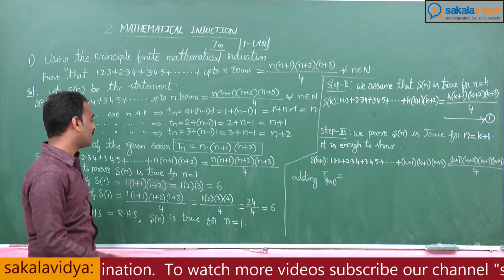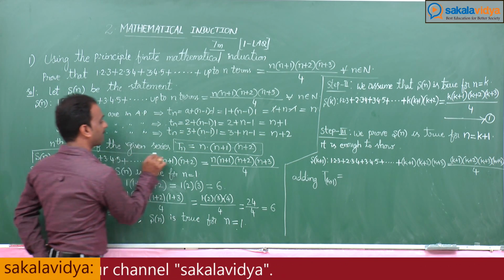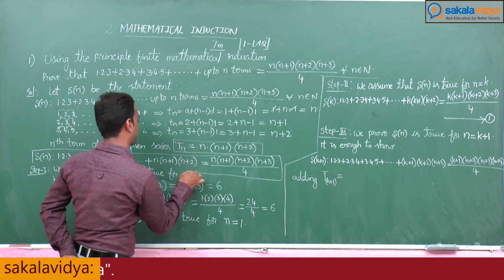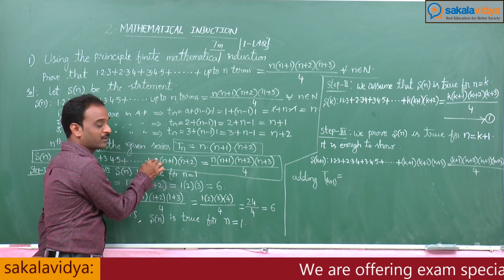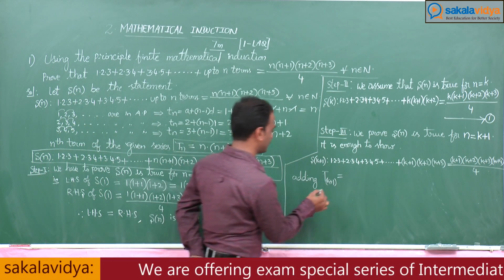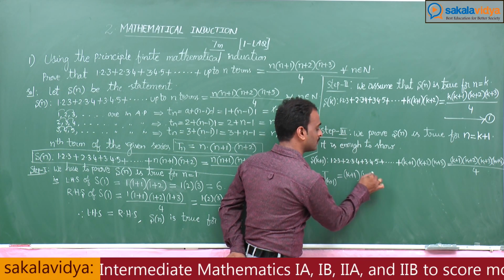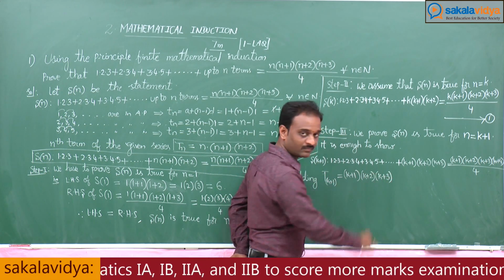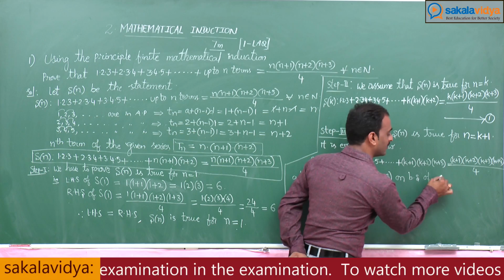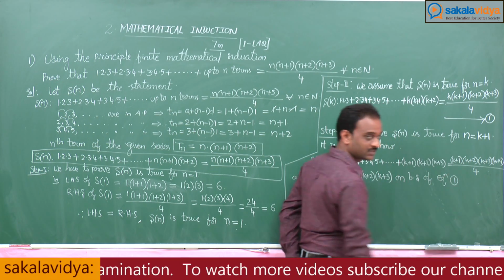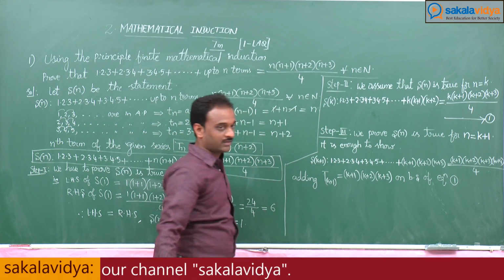Just substitute n is equal to k plus 1 in the given statement. So t of k plus 1 is equal to k plus 1 into k plus 2 into k plus 3. Adding it on both sides of equation 1.